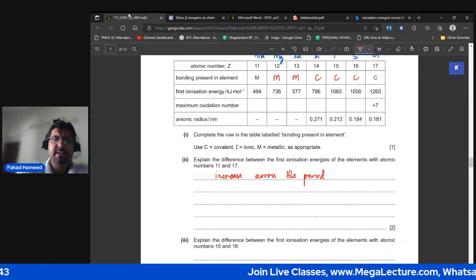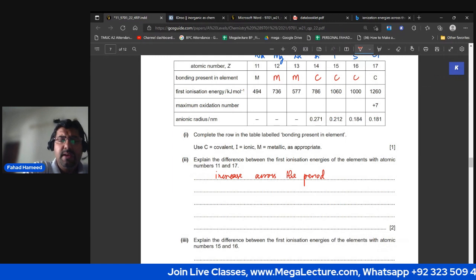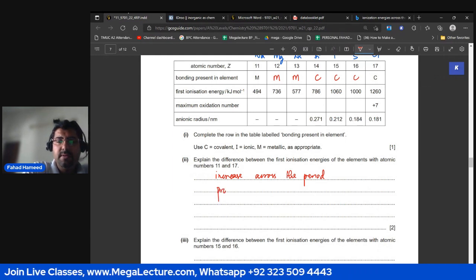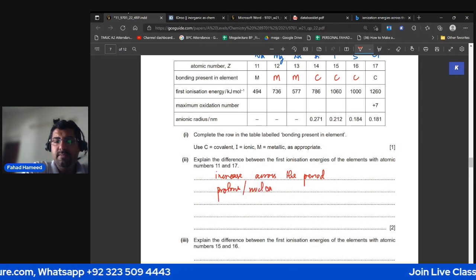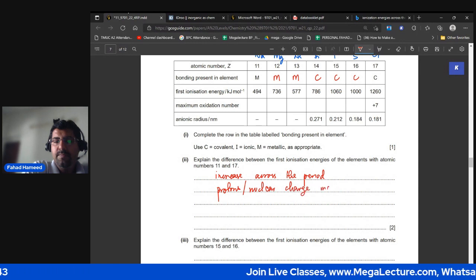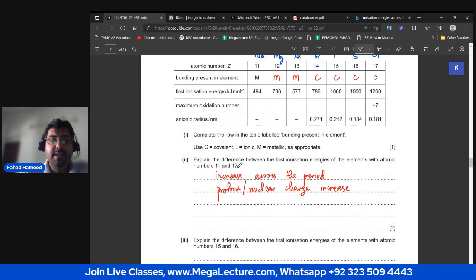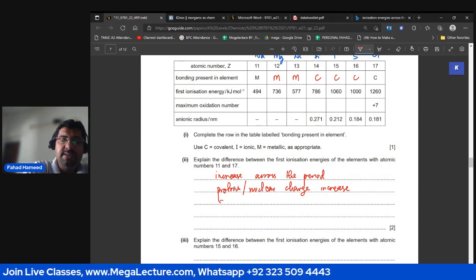And what's the reason for that increase across the period? You have the same number of shells. The protons increase, so the protons and the nuclear charge increase. Obviously, if you have more protons, the electrons are more strongly attracted. The distance gradually decreases across the period.